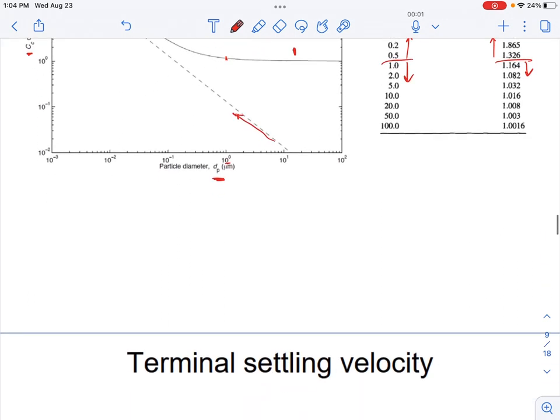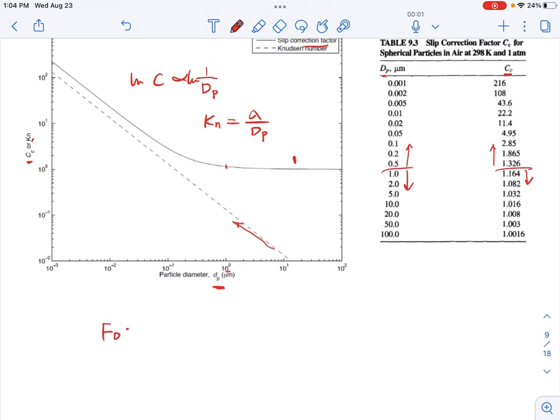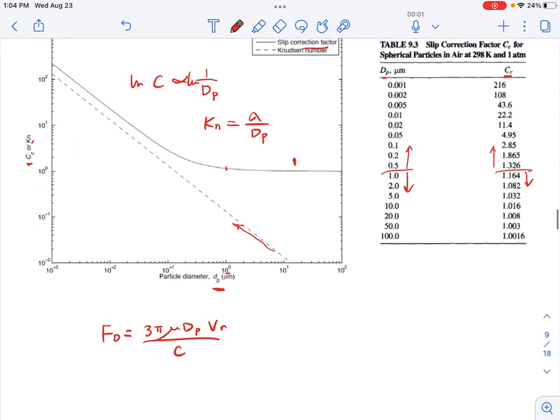Because of that, it's probably easier if we just remember that for the drag force expression, we always include the Cunningham slip correction factor because we're dealing with submicron aerosols for most of our time.